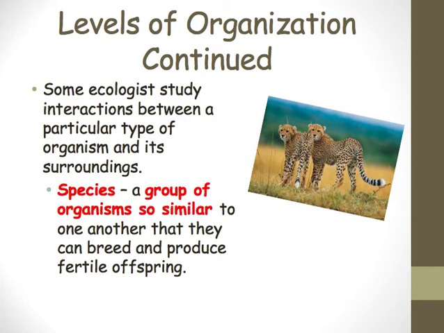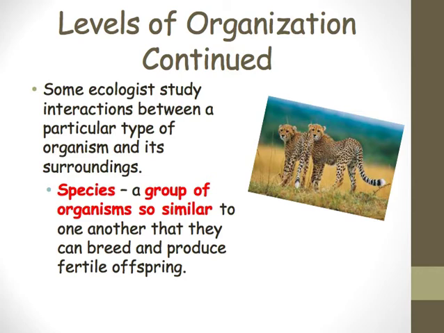So how can we continue to group these into different levels of organization? Ecologists study different parts of ecology. They can study how groups of similar organisms come together, and those are called species. A species is a group of organisms that are similar enough that they can breed and reproduce.